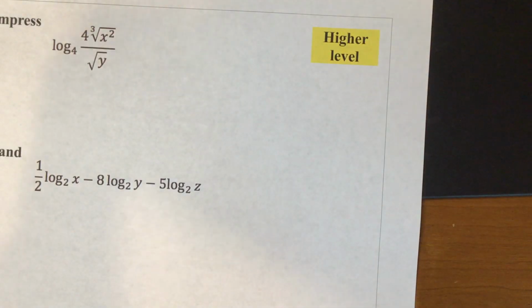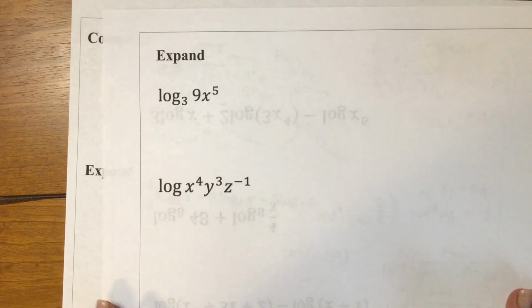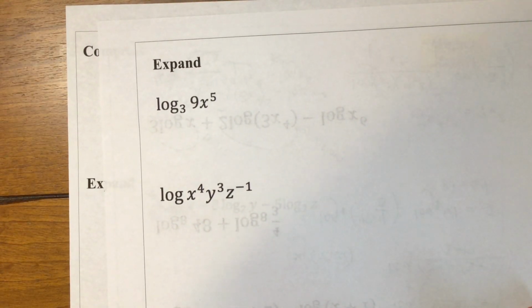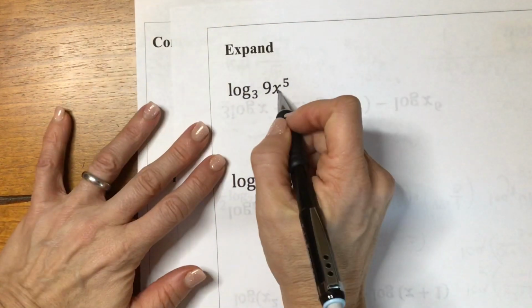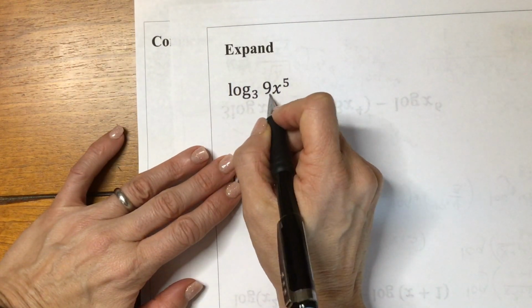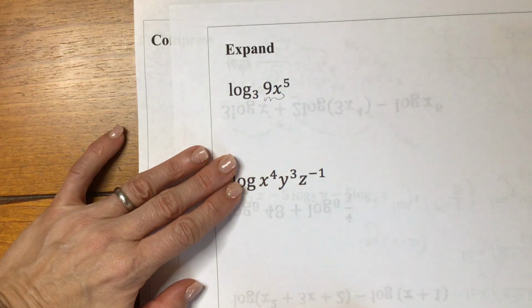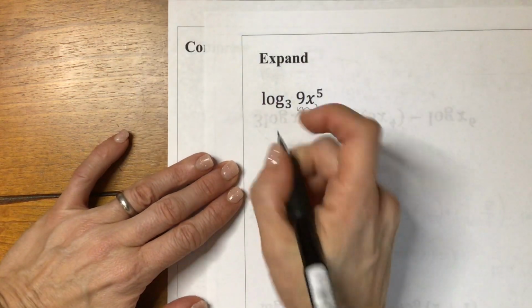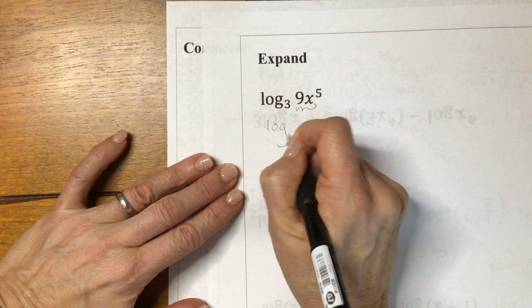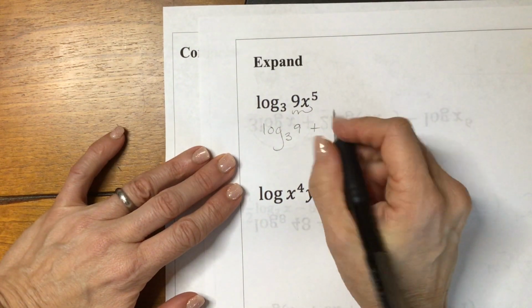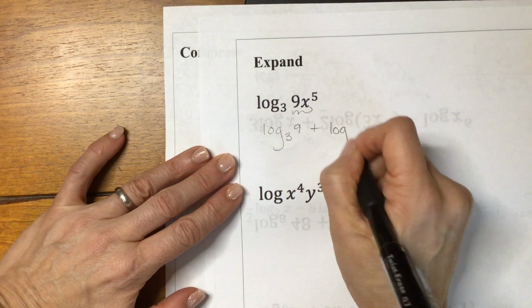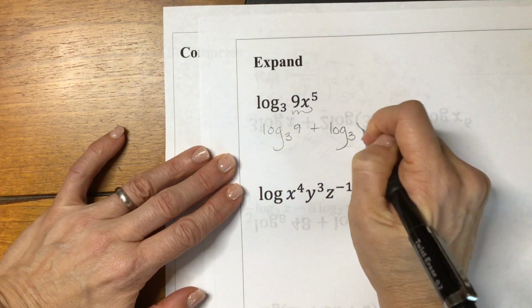All right, now we need to expand. We want any multiplication, any division, any exponents to be simplified. First, what's going on here is multiplication between 9 and x to the 5th. So log base 3 of 9. Multiplication, remember, represents addition when we're expanding.